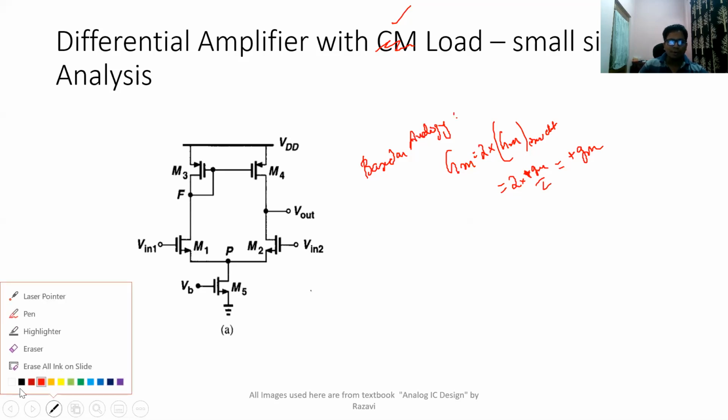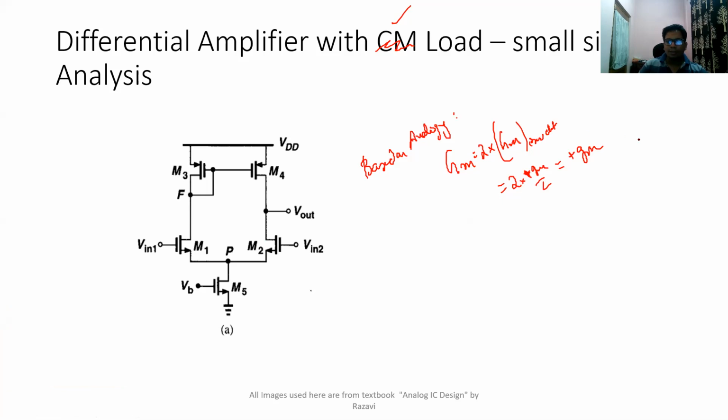And what will be its output impedance? You can see its output impedance. When you see it from this end, you will have one transistor and the other transistor connected here. So it is as if you're having, okay, so you can assume this transistor to be a transistor with a fixed bias. So its impedance will be equal to RO, or its channel length modulation impedance RO4.